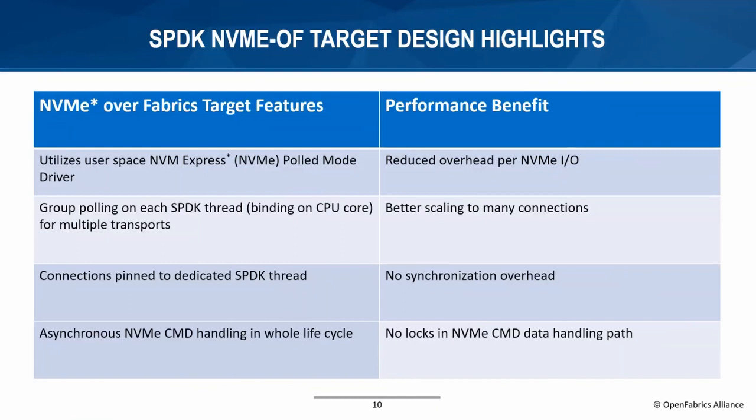And if we use the TCP transport, the per CPU core performance for IOPS is about 1.5 to 2.5x better than the kernel, because even with SPDK's user space I/O stack on the NVMe drive, I mean on the backend storage, we still use the kernel TCP stack.